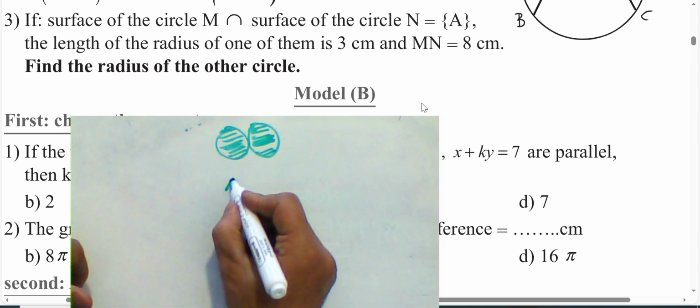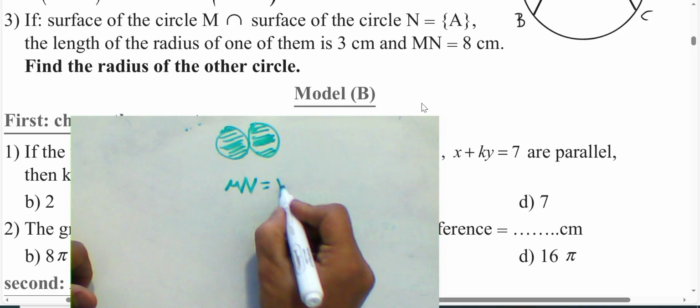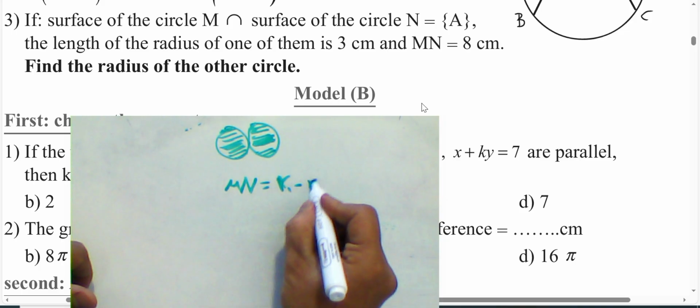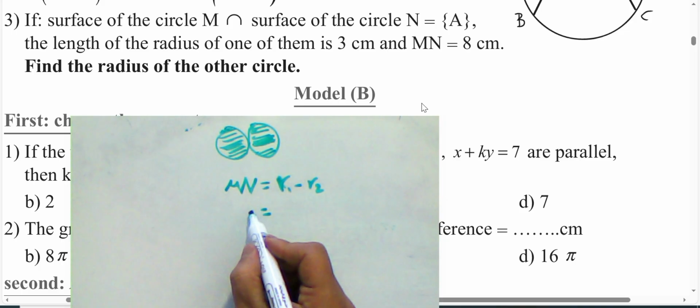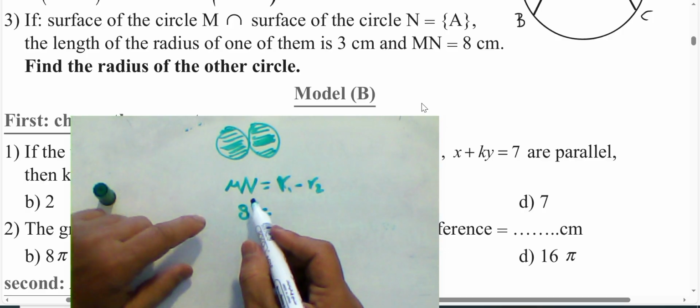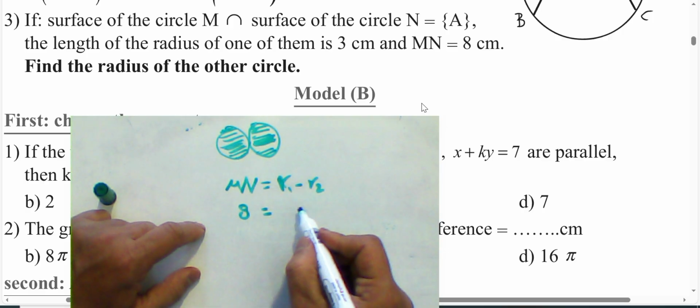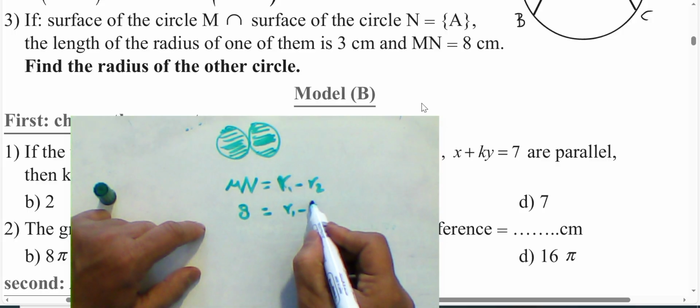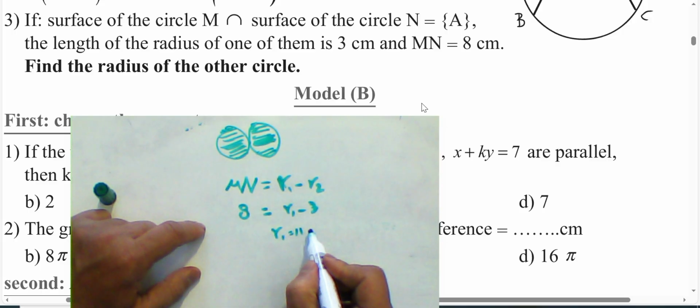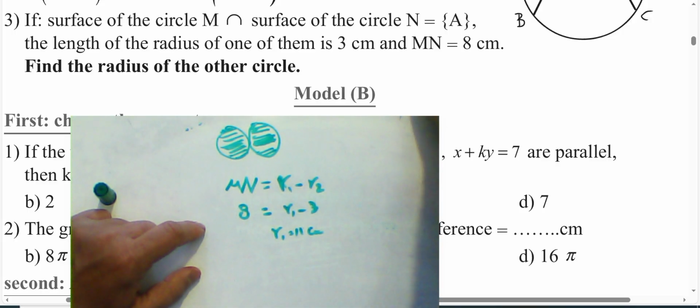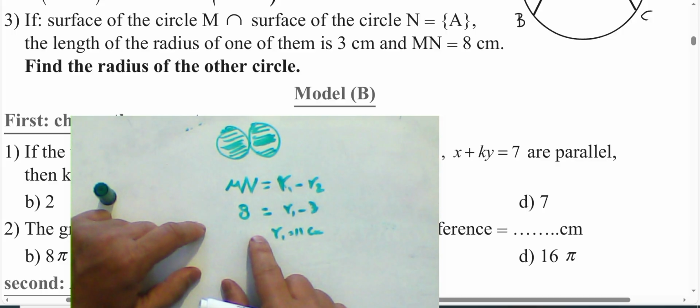So we can find the length MN equals radius 1 plus radius 2. He gives me 8 as the length between the two centers M and N, and the distance will be what? The radius 1 will be 5 centimeter. He gives me here the length of the radius of one circle is 3 centimeter. 8 equals what?